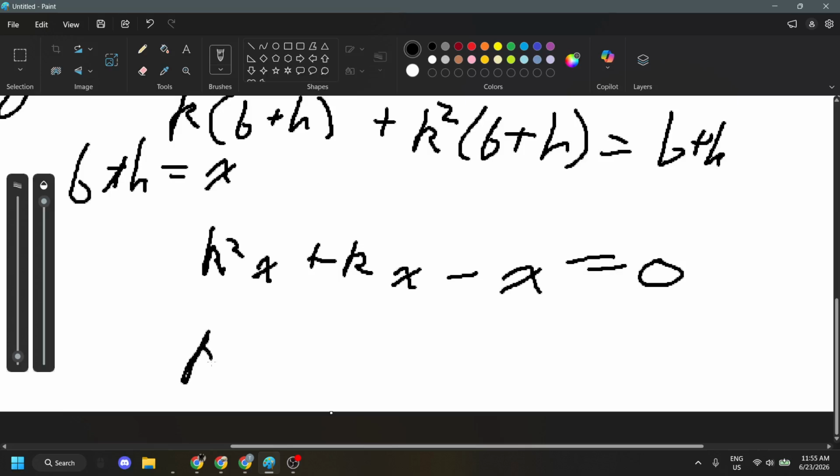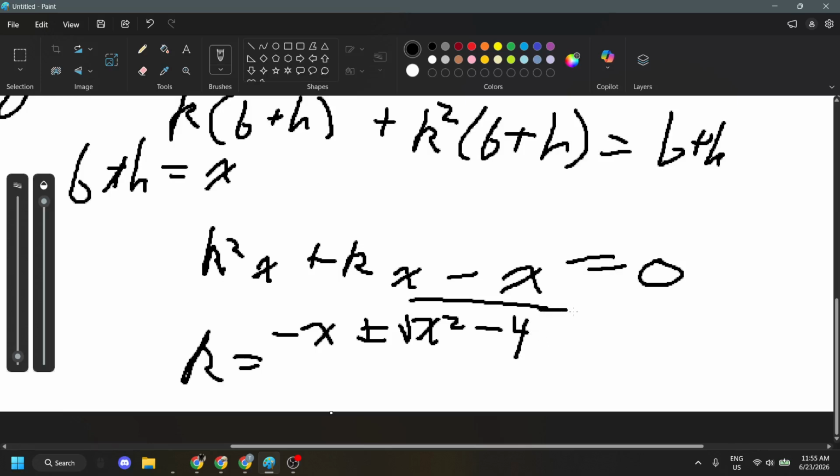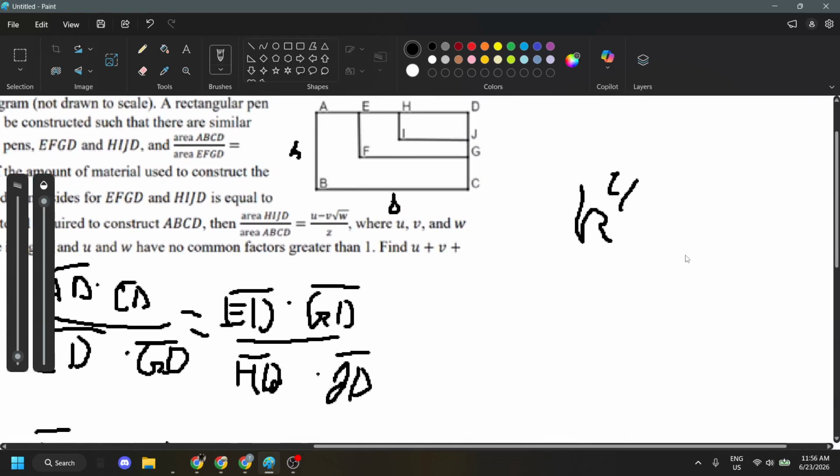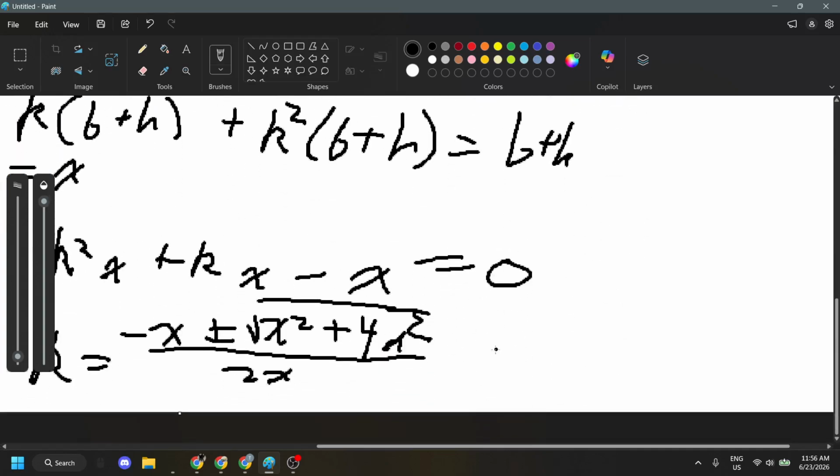So if we solve for K using the quadratic formula, negative b plus or minus the square root of b squared minus 4ac, all over 2a, ooh, this is looking like a quadratic.